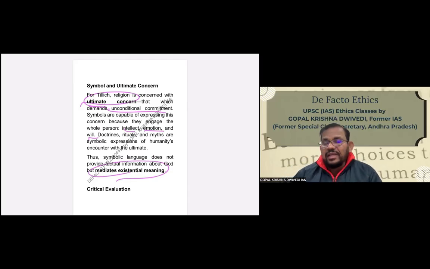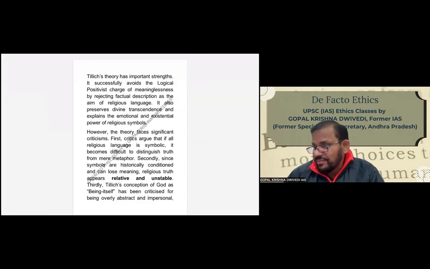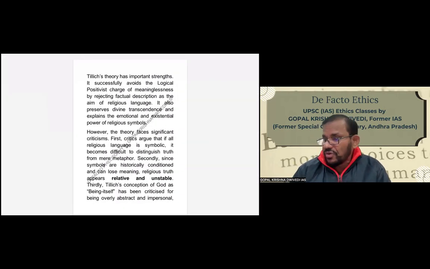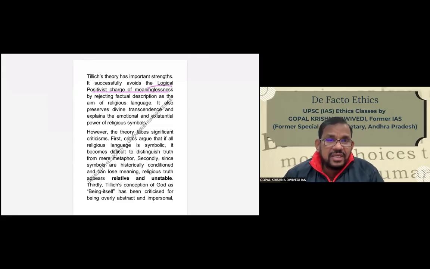Now let us critically evaluate Paul Tillich's idea of the symbolic nature of religious language. It has strengths, because it successfully avoids the logical positivist charge of meaninglessness by rejecting factual description, because he says that it is not the aim of religious language itself. It also preserves divine transcendence and explains the emotional and existential power of religious symbols.